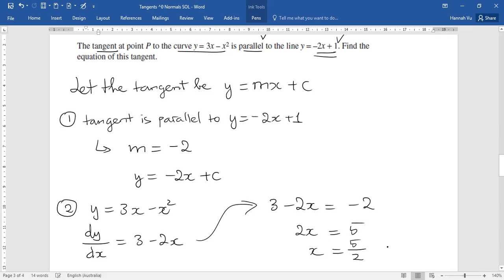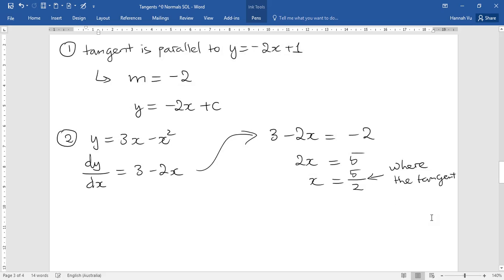So at x equals 5 over 2, the tangent touches the curve. This brings the question back to a very straightforward tangent question. You just need to find the coordinates of this point where x equals 5 over 2, and then you can solve for c.